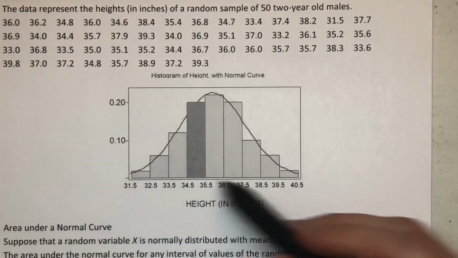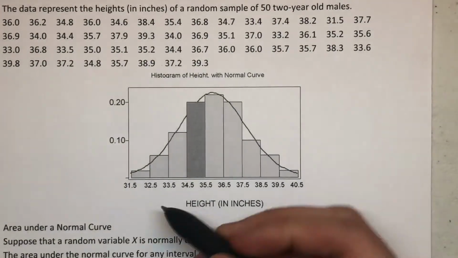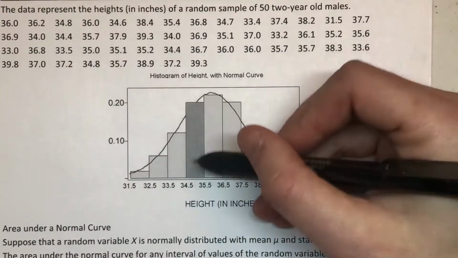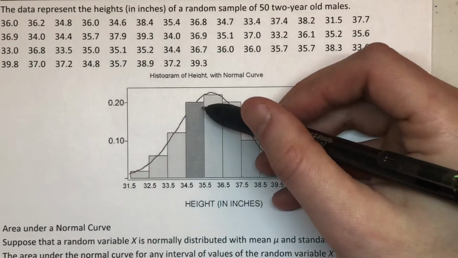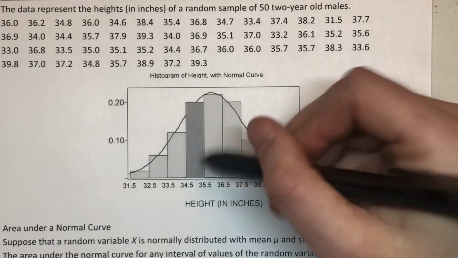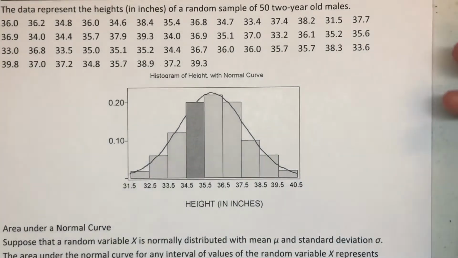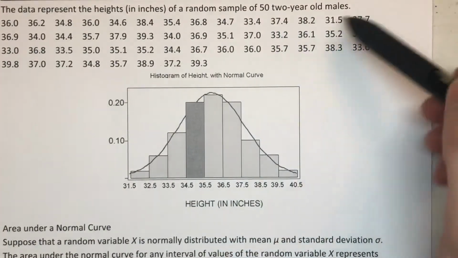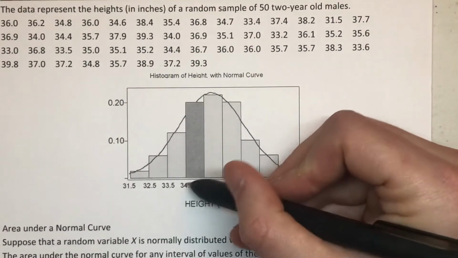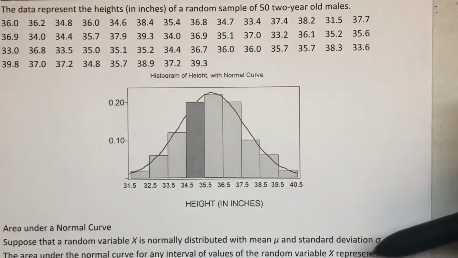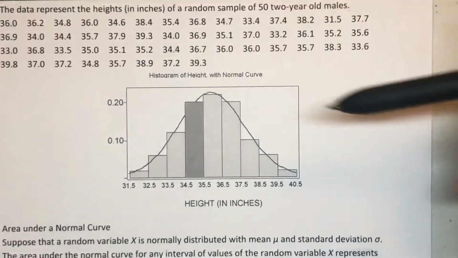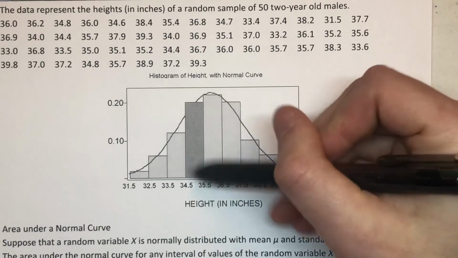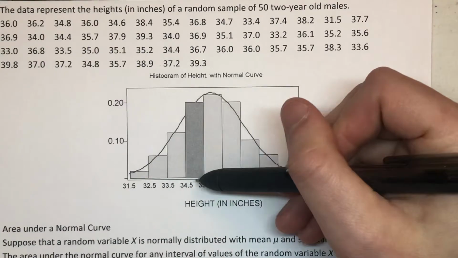And so with this different set of classes, these are all the lower boundaries, I've shaded this one specifically. And so the idea is if we wanted to talk about the probability that a randomly selected individual, or 2-year-old male here, has a height between 34.5 and 35.5 inches, that's what this bar would essentially represent. The area is the probability.